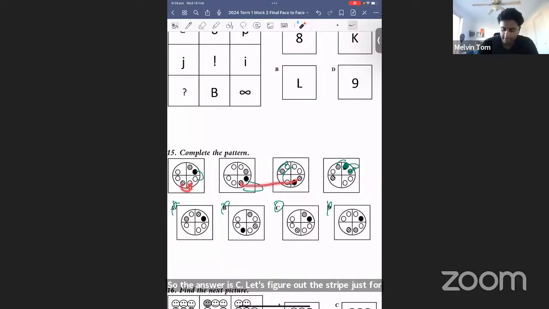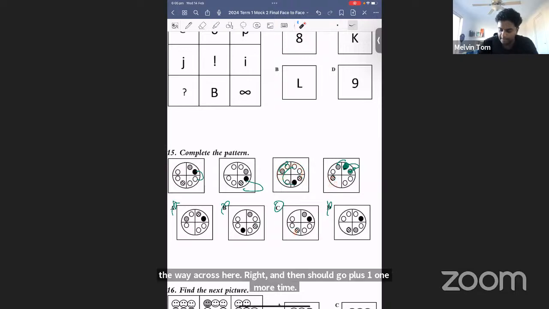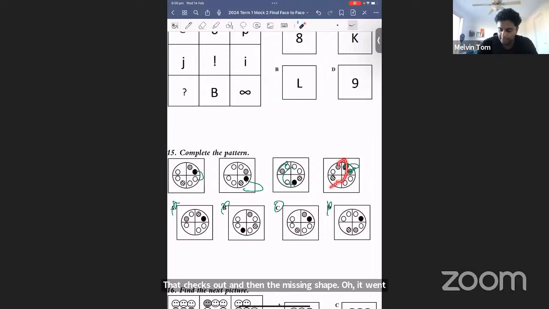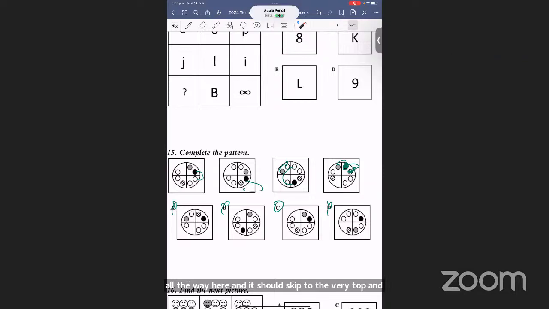Stripe goes +1, +1, and then goes all the way across here, right? And then it should go +1 one more time. That checks out. And then the missing shape went all the way here, and it should skip to the very top, and the answer is C. Do you guys understand? Yep. All right.